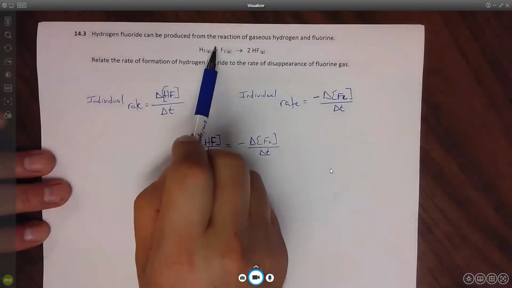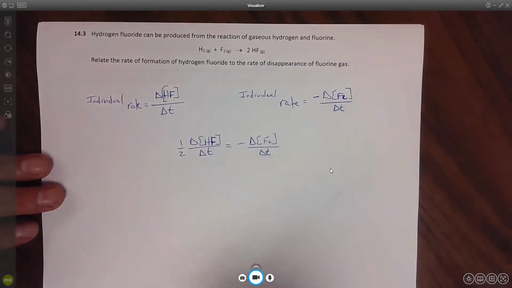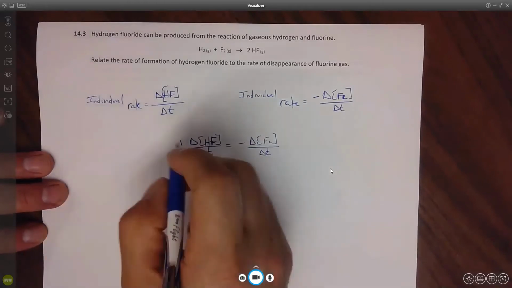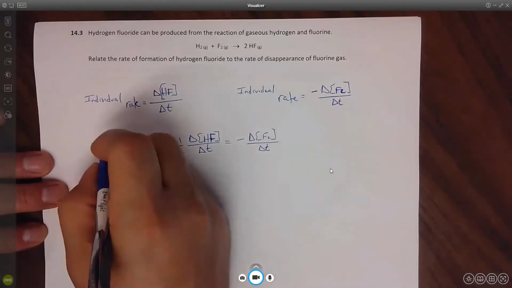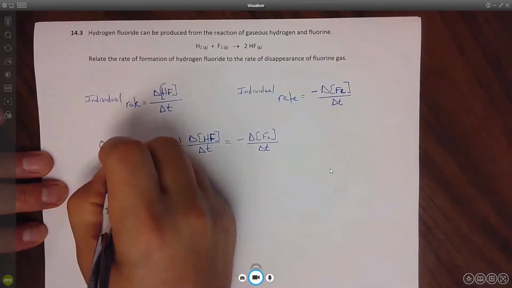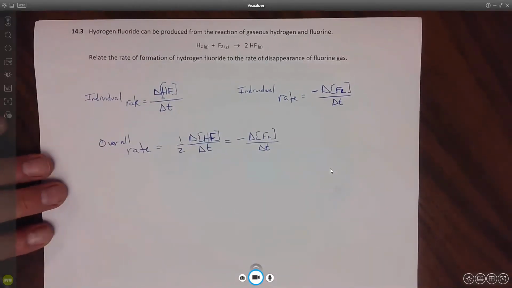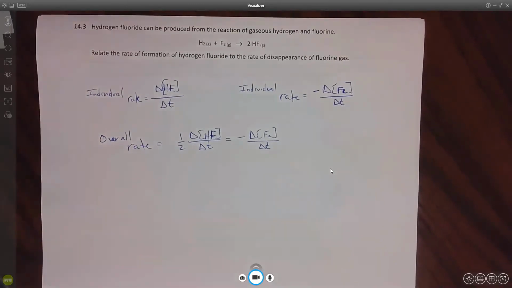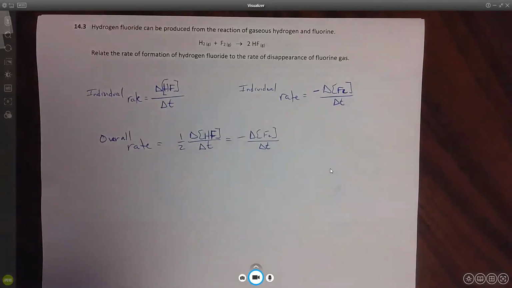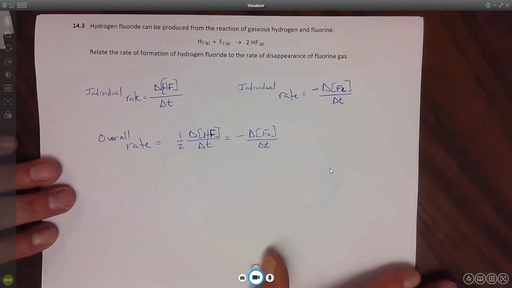Because it's just 1 over the coefficient, but 1/1 is 1, and we're not going to write 1 because it's understood. So this ends up being the overall rate. Any questions about any of that? Okay, let's try another then.